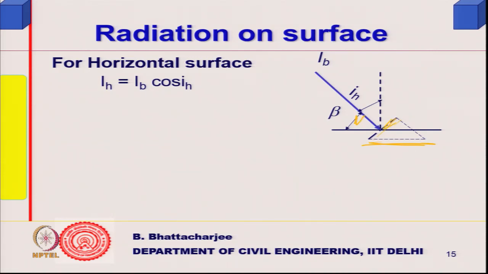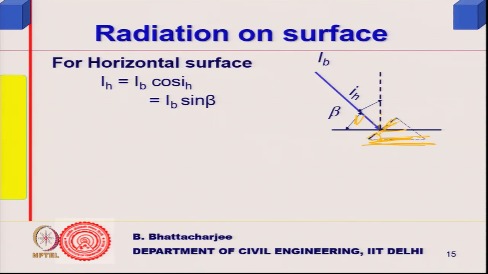So, normal to this is this, and normal to this is vertical. This will be 90 degrees minus beta, IB sin beta. This is normal to this surface, this is normal to this ray.